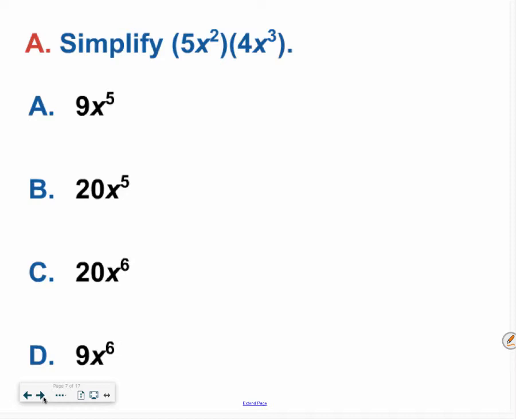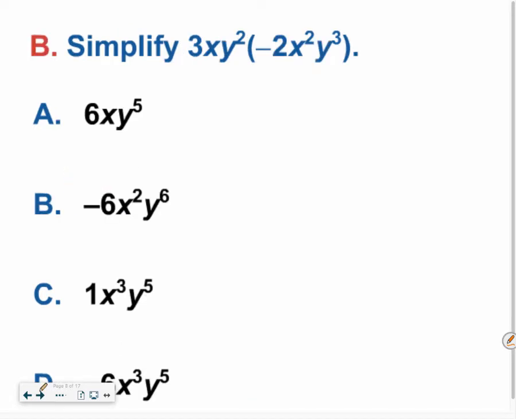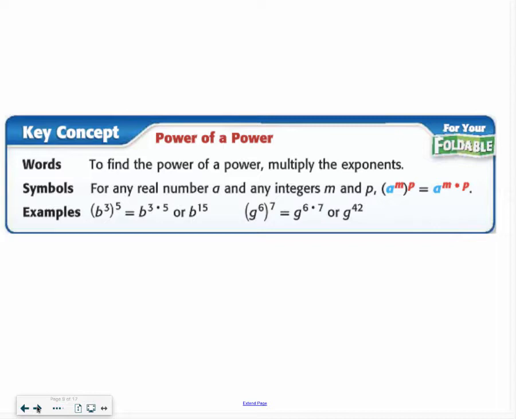Hopefully you determined that the answer was 20 times x to the 5th. If not, that's okay. You have another chance to get it right. Hopefully you decided that the correct answer was negative 6 x to the third, y to the 5th. If you have questions on either of those, be sure to ask for some help.